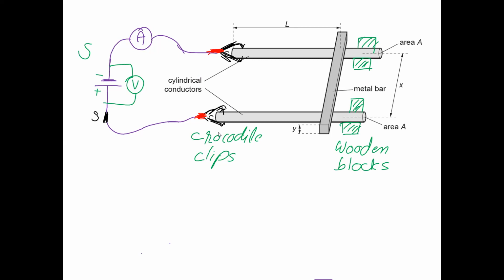Next bullet, make sure the contacts are tight. Next bullet, wooden blocks are there to hold the rods.